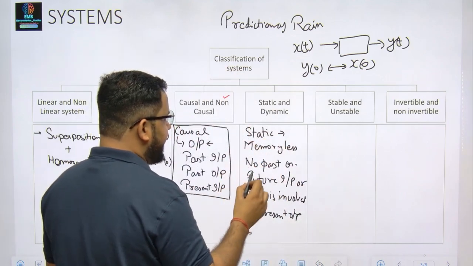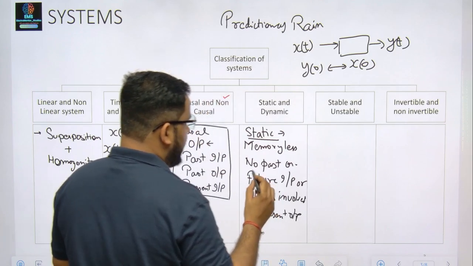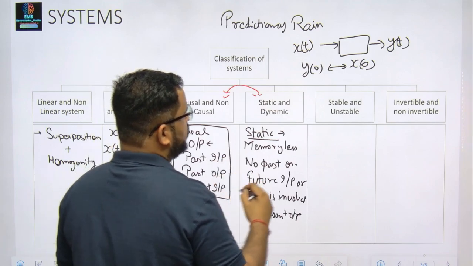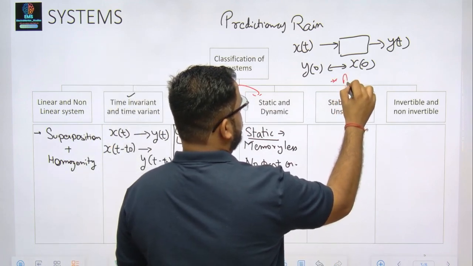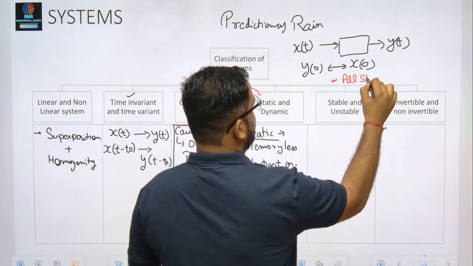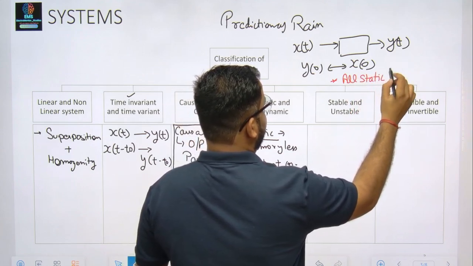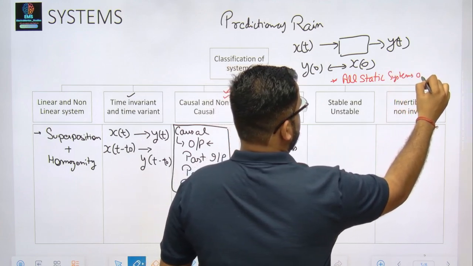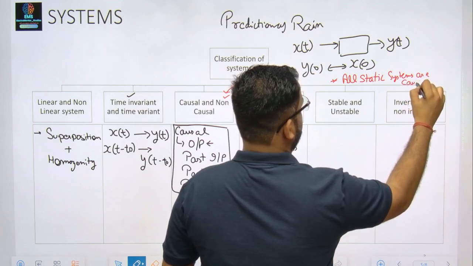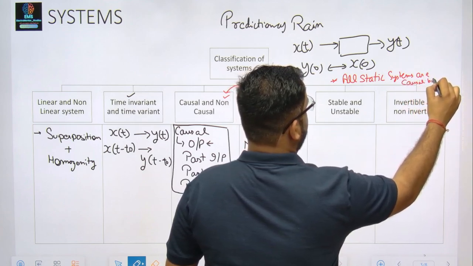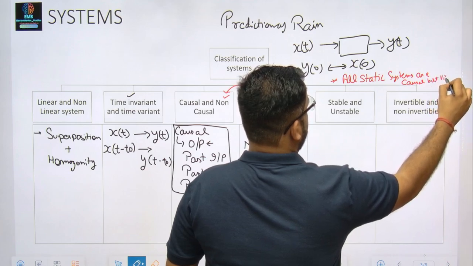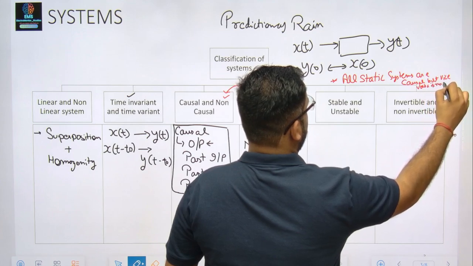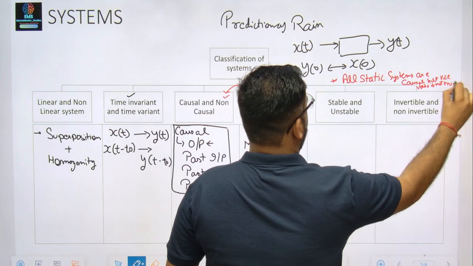So I can say that for static systems, there's a link between these two. What is it? The link is: all static systems are causal, but vice versa is not true.